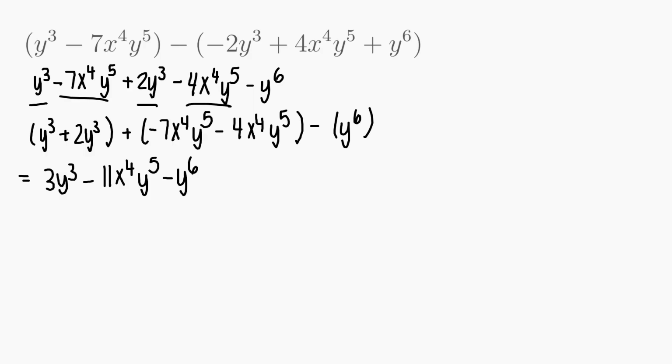So in this case, we're going to make this negative x^4y^5 minus y to the 6th power plus 3y cubed, because this has a degree of 9, this has a degree of 6, and this has a degree of 3. So negative 11x^4y^5 minus y^6 plus 3y to the third power is our final answer.